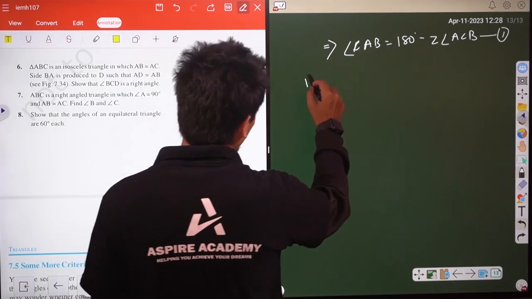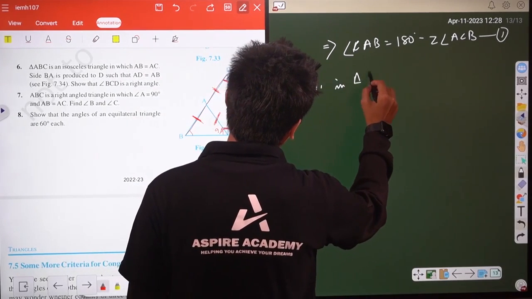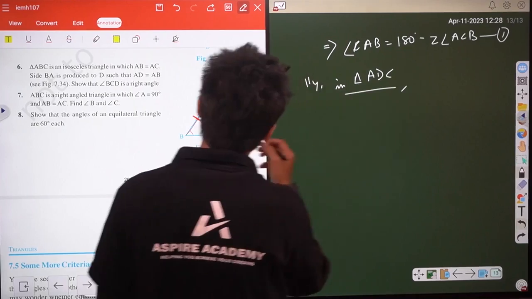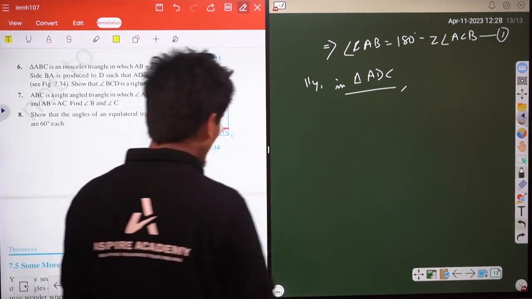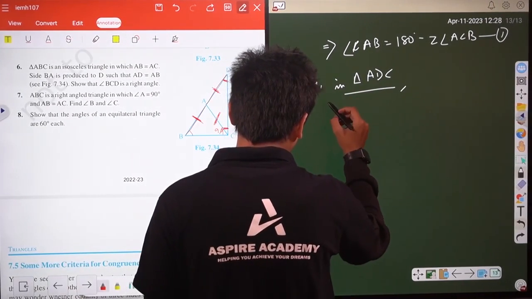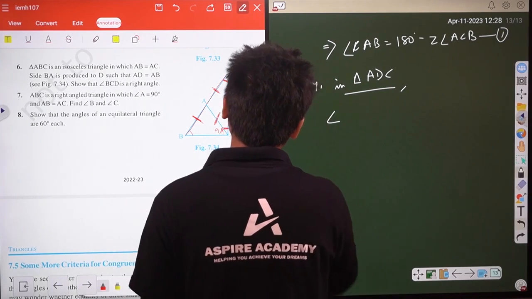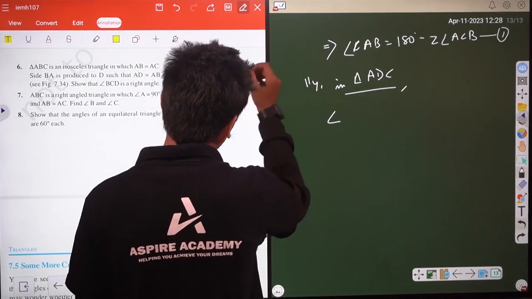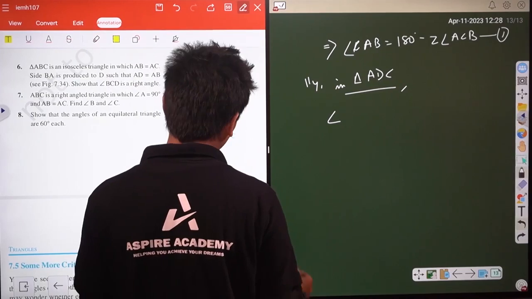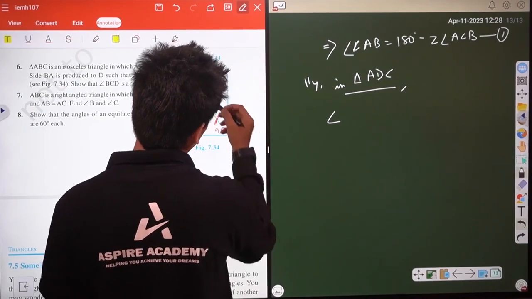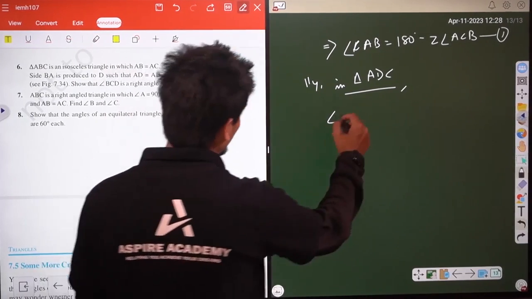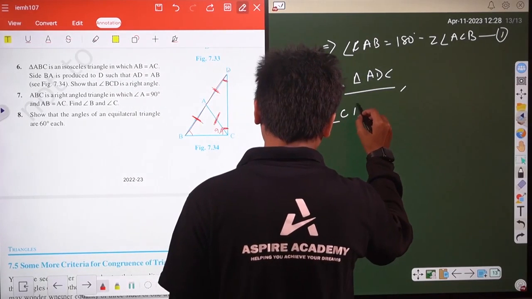Now similarly in triangle ADC, take the second triangle, that is ADC. We have angle CAD this time, right? And CAD is nothing but CAB, angle CAB.